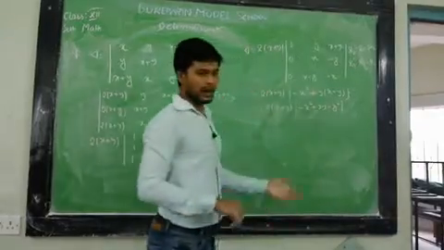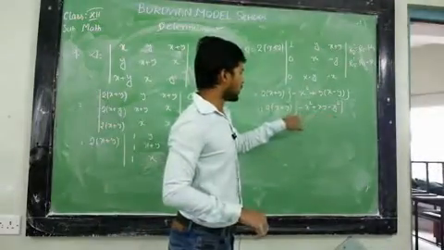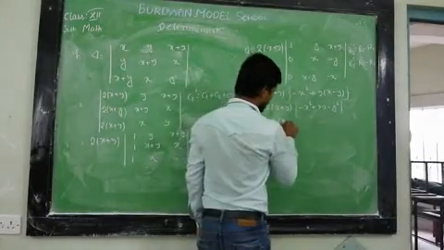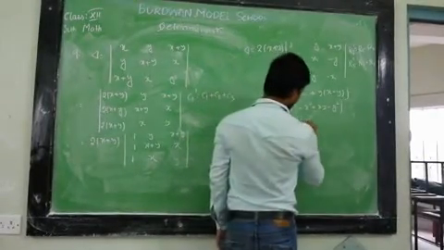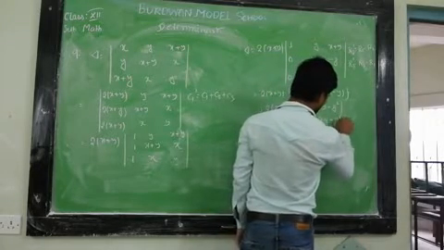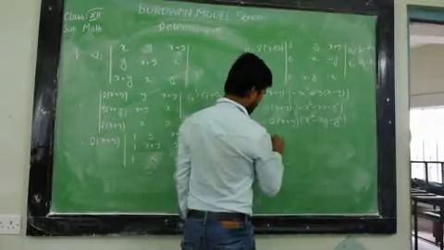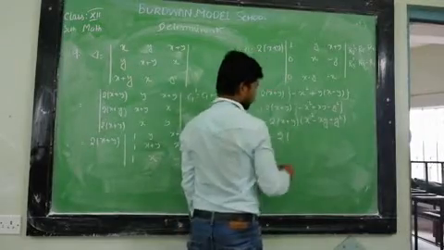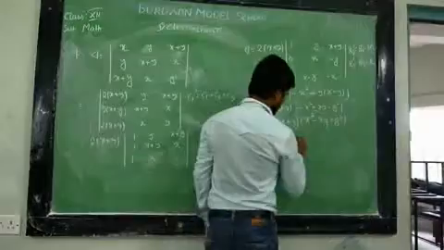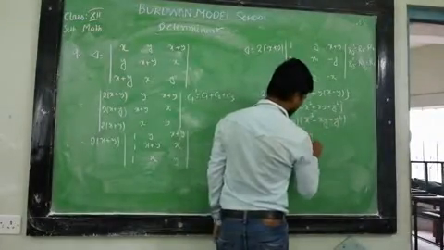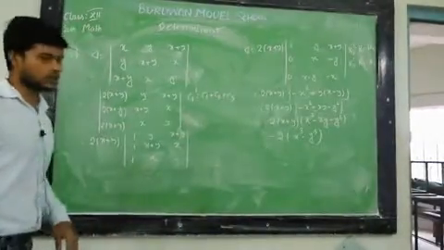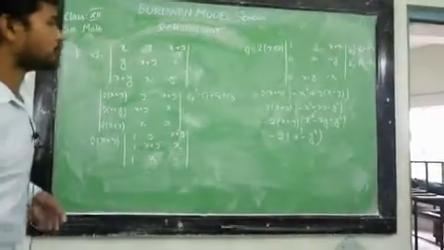Now if you take minus 1 common from the second bracket, we have minus 2 into x plus y into x square minus xy plus y square, which by the formula is x cube plus y cube. So the value of the determinant is minus 2 into x cube plus y cube.